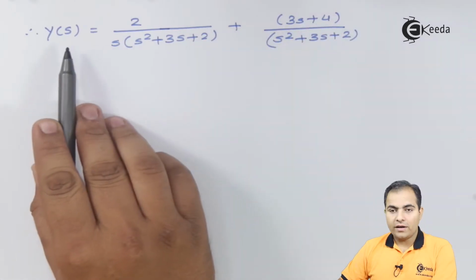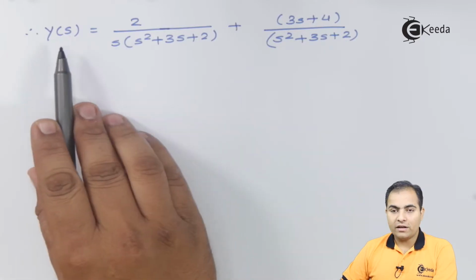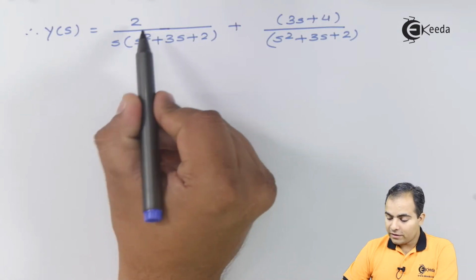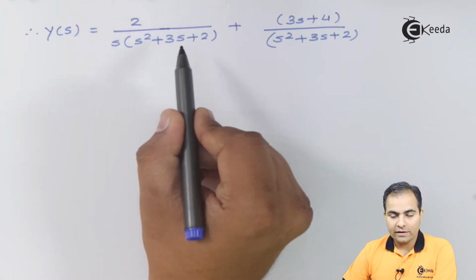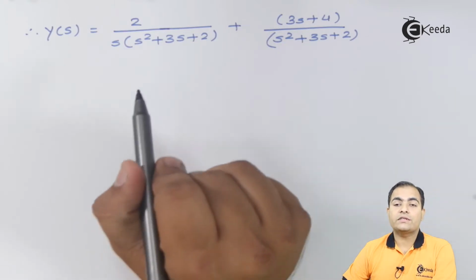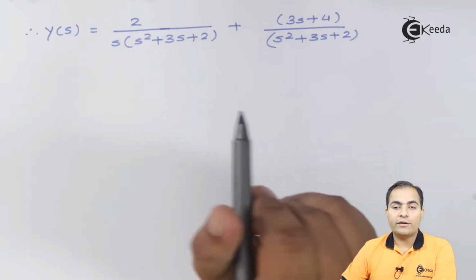Now I have placed the left hand side part on the denominator of each and every term. Now as I told you earlier, this whole term will give us the ZSR value and this whole term will give us the ZIR value. ZSR means zero state response and ZIR means zero input response.